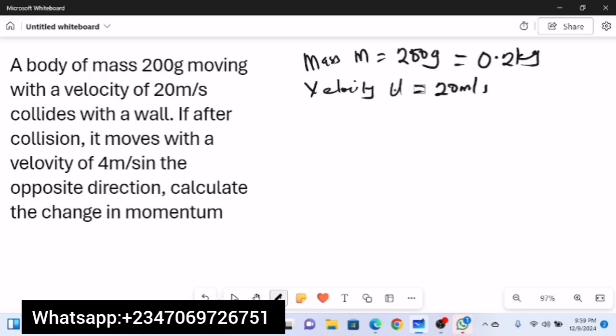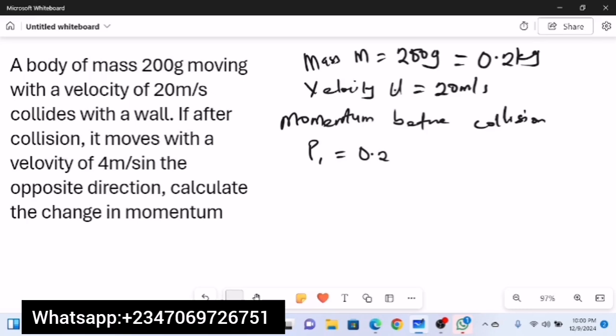Now it collides with a wall, so let's find momentum before collision. Momentum before collision is simply found by multiplying these two together. Call that P1 equals mass times velocity.